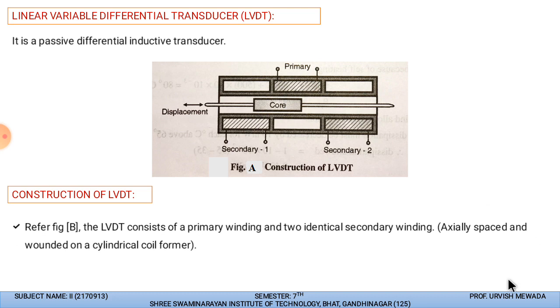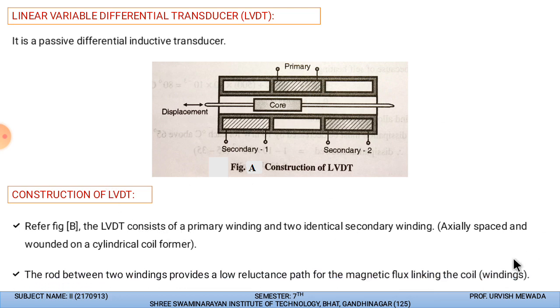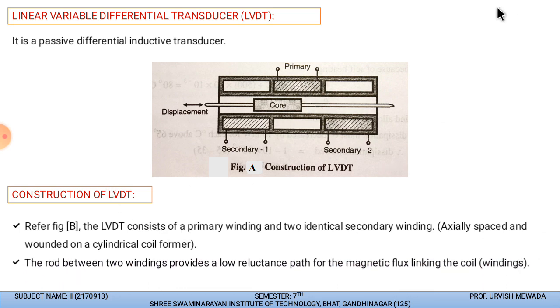LVDT generally consists of a primary winding and two identical secondary windings, axially spaced and wound on a cylindrical coil former or bobbin. Consider the bobbin of a sewing machine. You have already seen that bobbin, and if you wind wire on that, we have three windings.